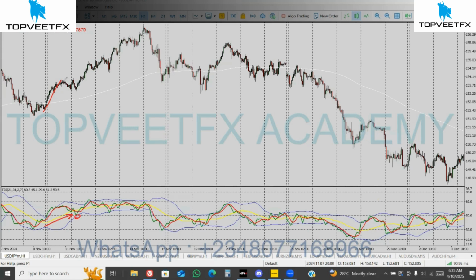And look at it, it pushed, it came back, they pushed, then they came back here. We can see that it came back to that volatility band perfectly.